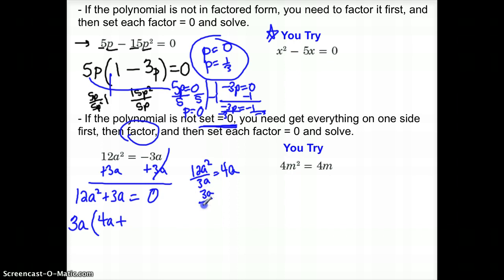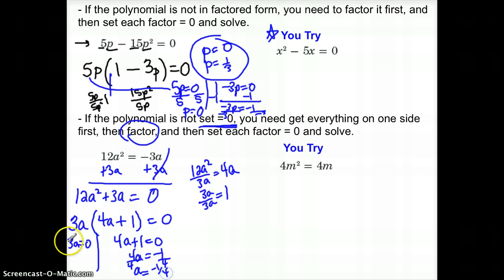Plus 3a divided by 3a is 1. You then set each factor equal to 0, 3a equals 0, 4a plus 1 equals 0, 4a equals negative 1, so divide by 4, you get negative 1/4. And on the left, divide by 3, you get a equals 0. So you have 0 and negative 1/4.